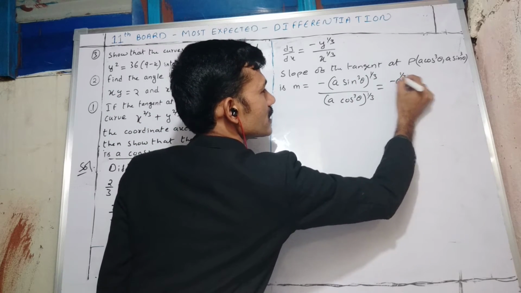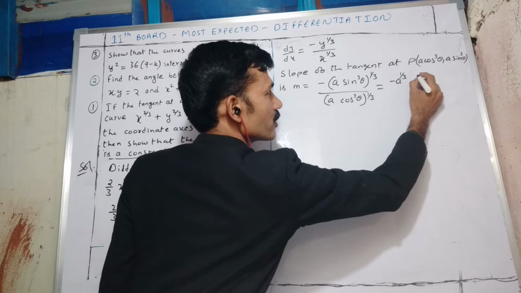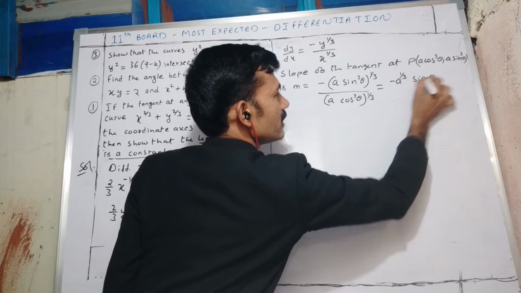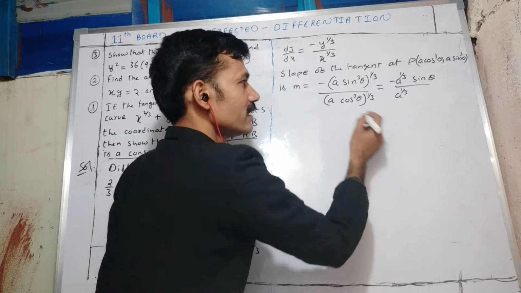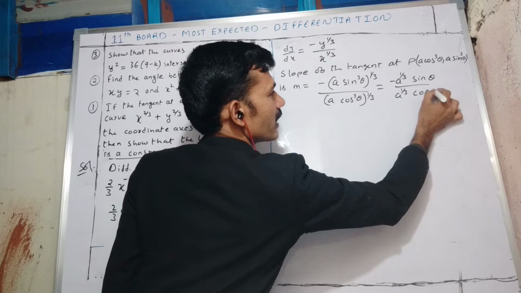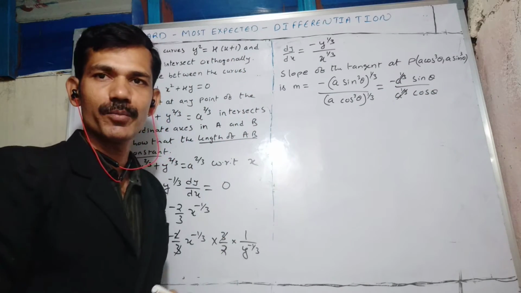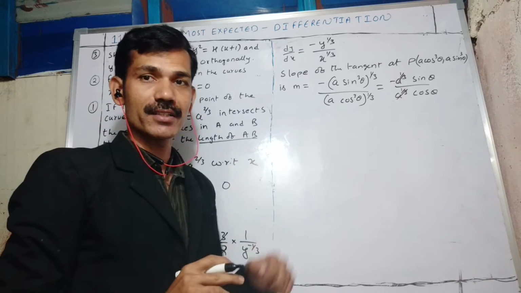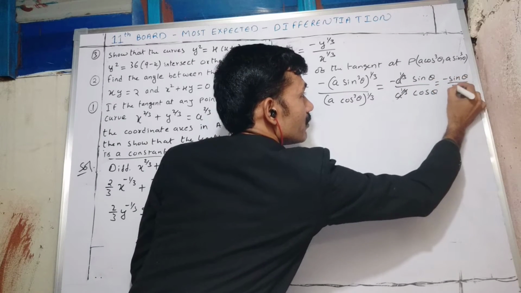It will apply to each factor. (sin^3 theta) whole power 1/3 means the cube and cube root get cancelled, sin theta will remain. Similarly here also a^(1/3) and cos theta remain. This we can cancel. So what slope are we going to get? Minus sin theta by cos theta.